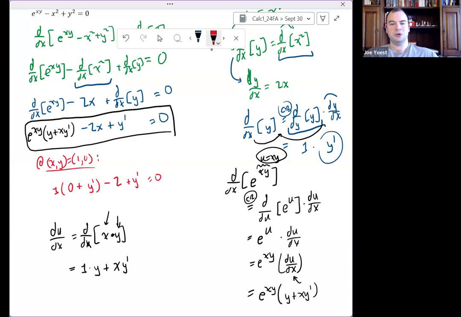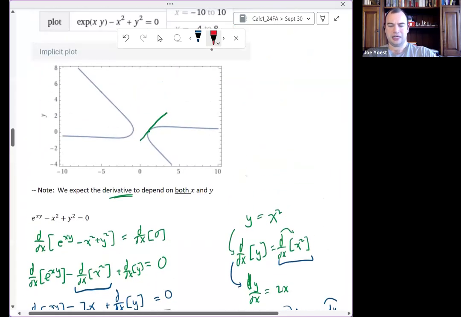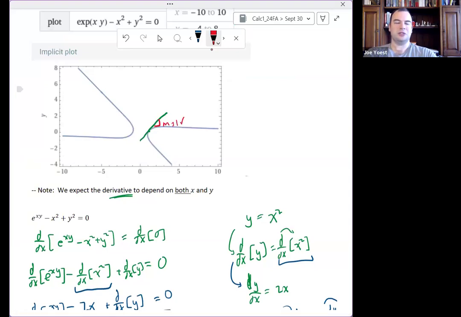Or what do I have? I have 2y prime equals 2, or y prime equals 1. Can I believe that? Yeah, sure. Slope equals 1. That seems plausible for my picture. I believe that.